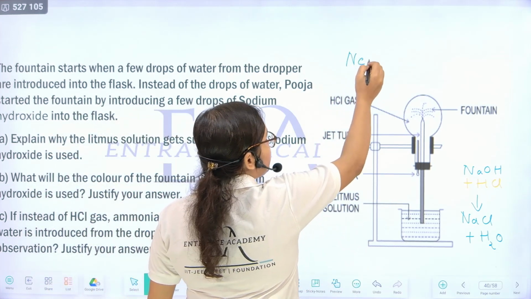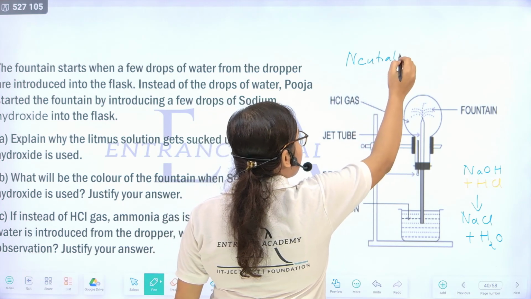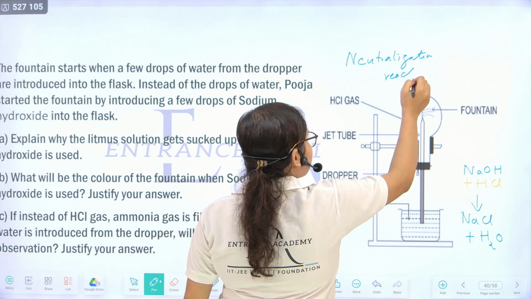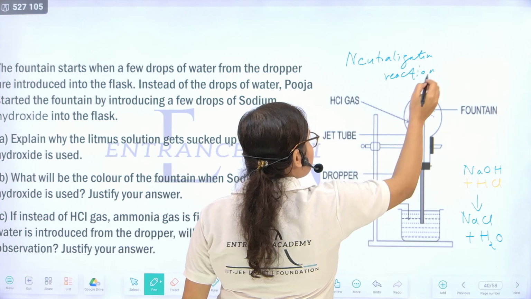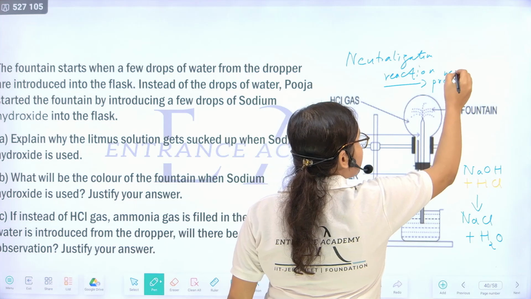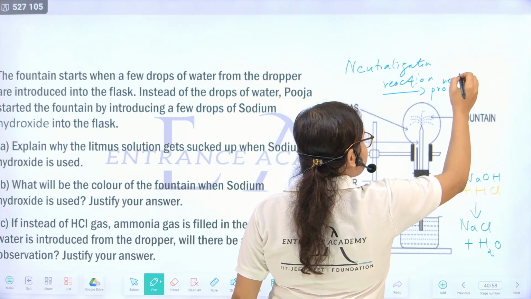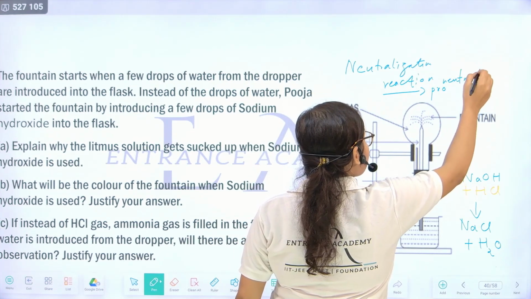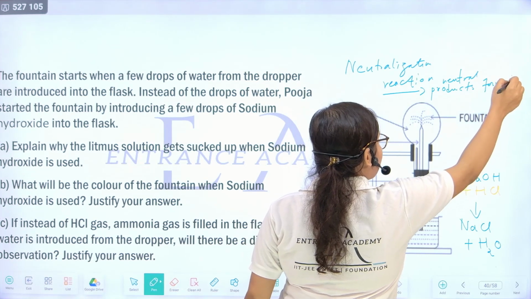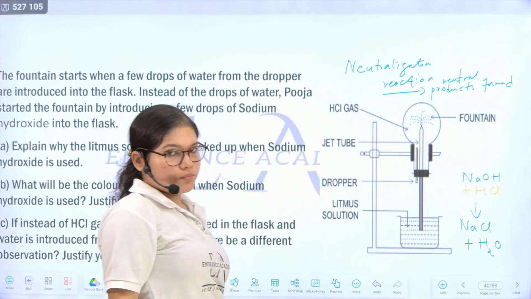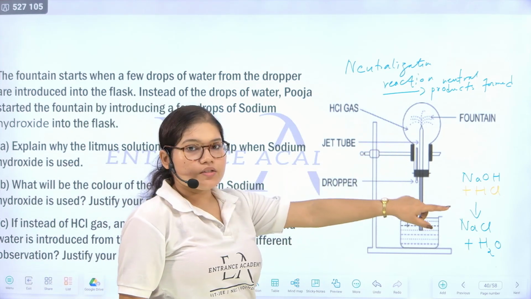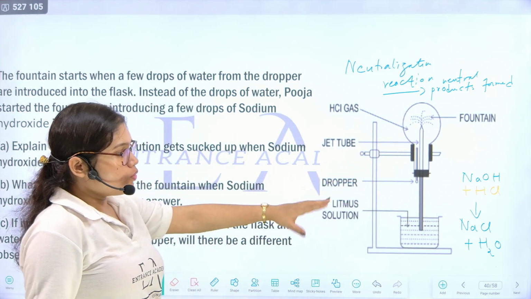Due to the neutralization reaction, neutral products are formed, which are salt and water. So if sodium hydroxide is used instead of water, then the neutralization reaction happens, so no change in color.